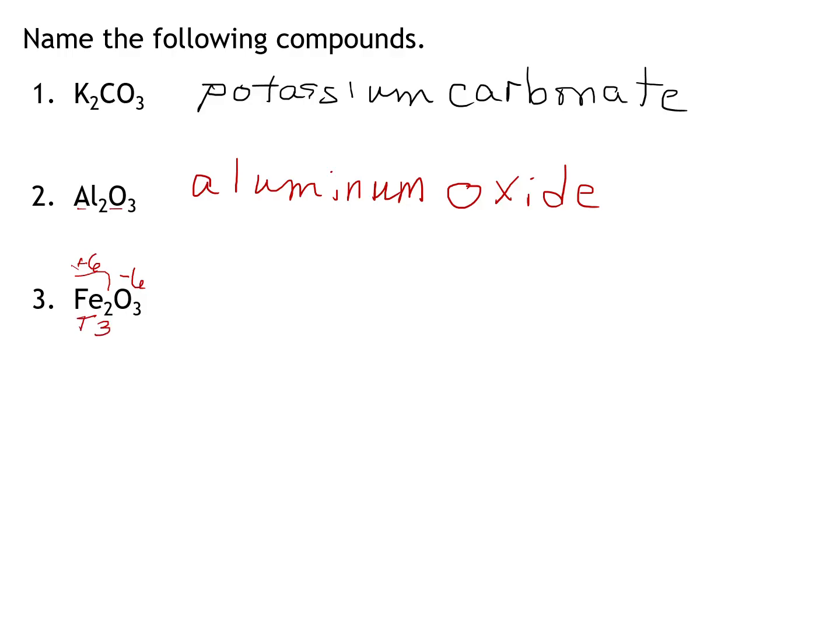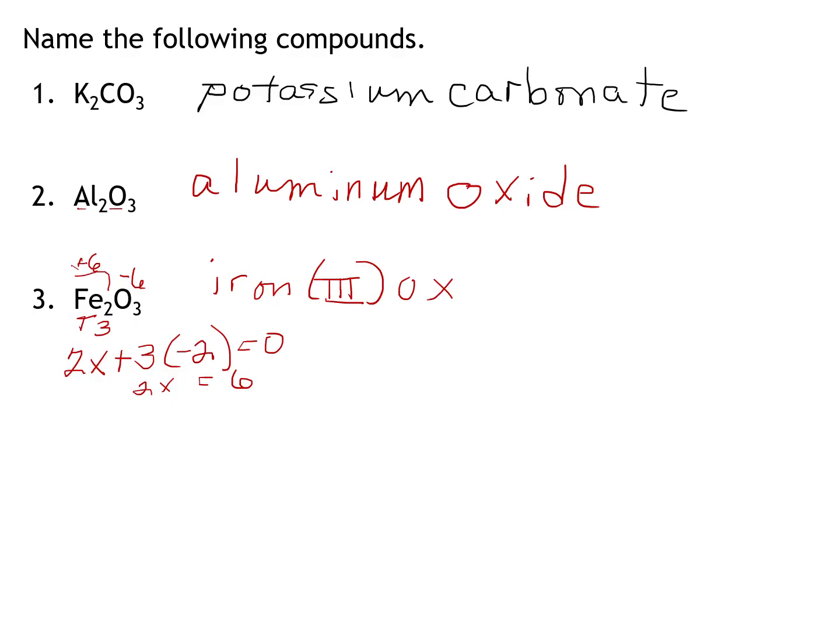The algebraic method for doing this would be 2 times x plus 3 times negative 2 equals 0. So we end up with 2x is equal to 6. So x is plus 3. So the name would be iron, Roman numeral 3, oxide.